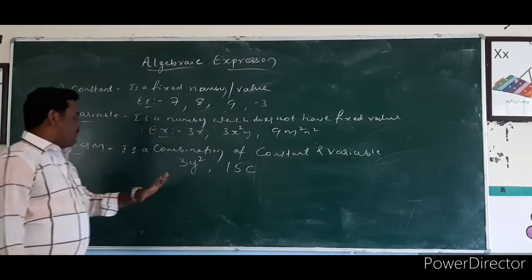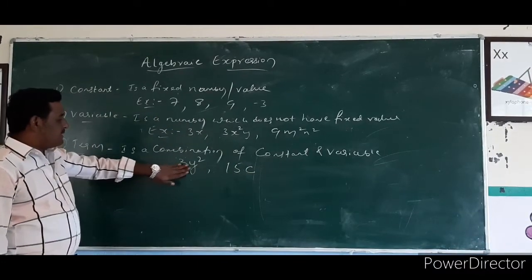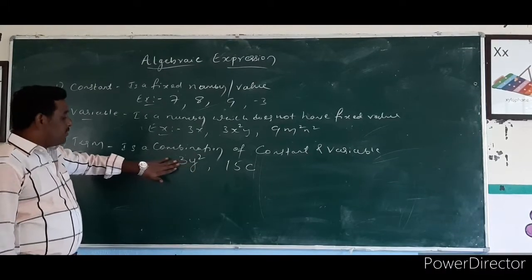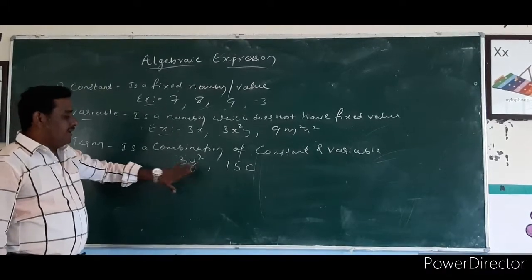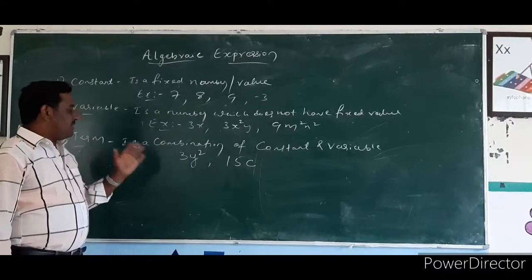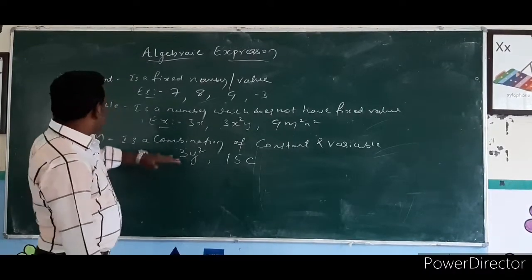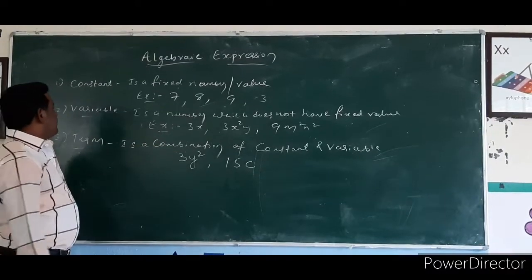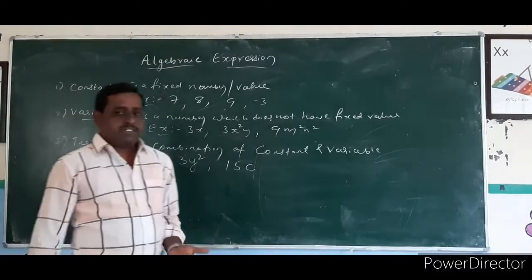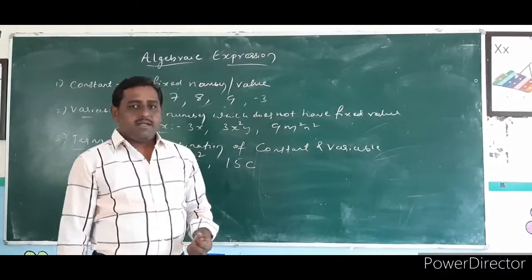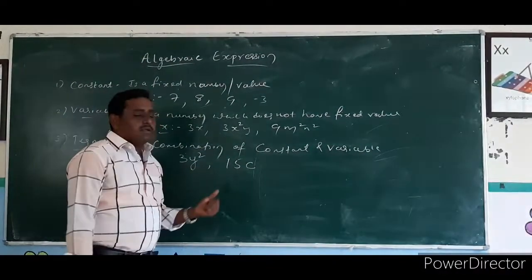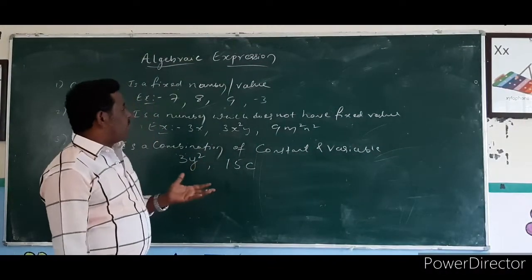Like this, it has both a numerical part and a variable part. So it is a combination of both numerical and variable, that is, both constant and variable. The number part is there, the variable part is also there. This is called a term. So these are the important points.